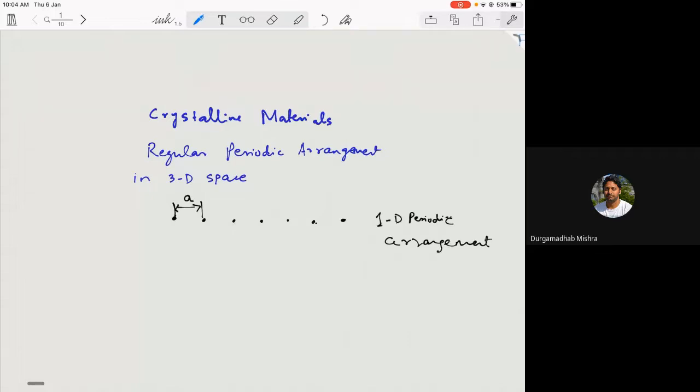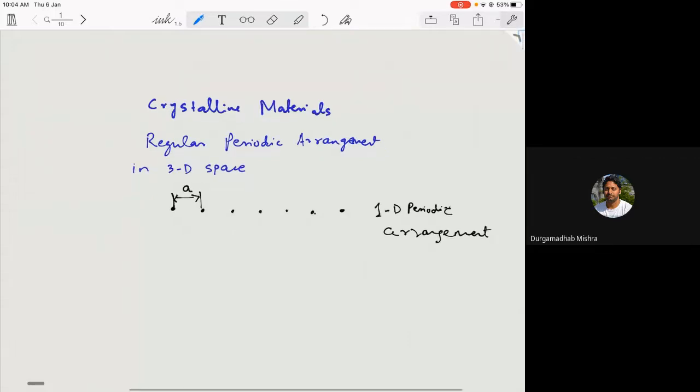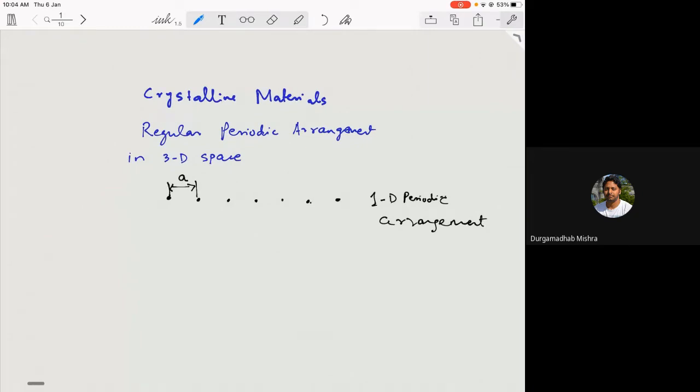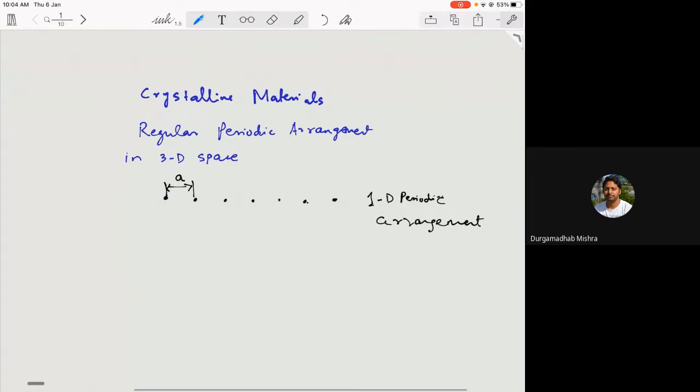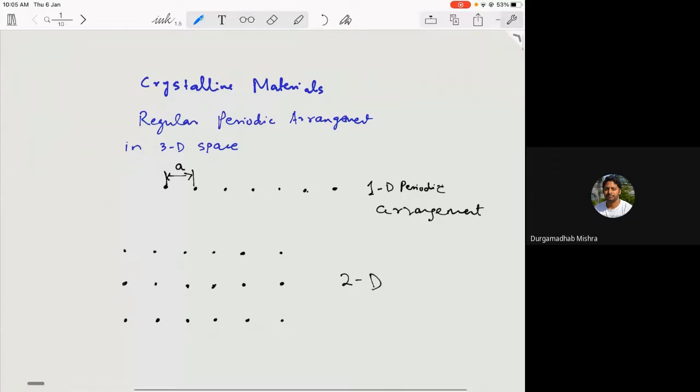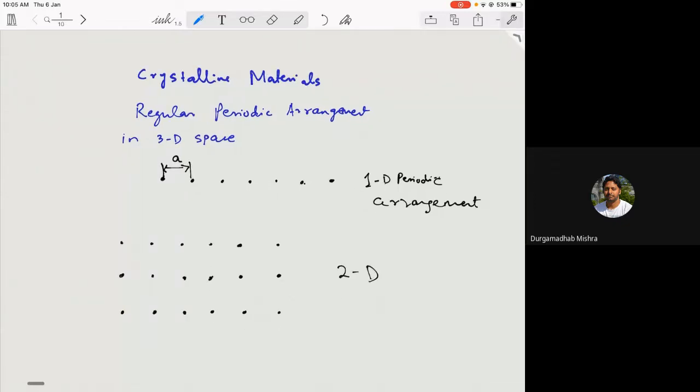Similarly, you can extend it to two dimensions as well. If I put atoms in this manner, in two dimensions I will get a periodic long-range order crystal in two dimensions.